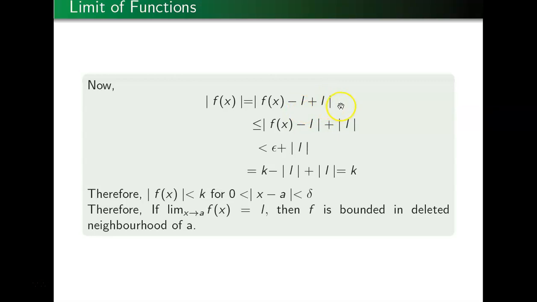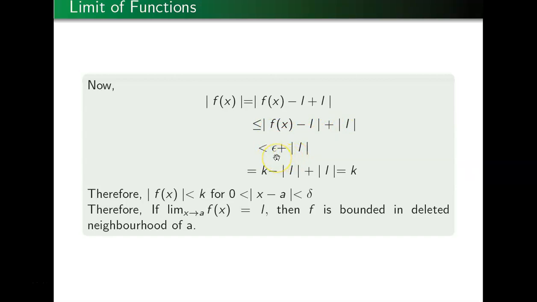The triangular inequality says that mod of a plus b is less than or equal to mod a plus mod b. So this will be less than or equal to mod f(x) minus L plus mod L. By the epsilon delta definition of limit, we have already seen mod f(x) minus L is less than epsilon. Plus mod L is written as it is.